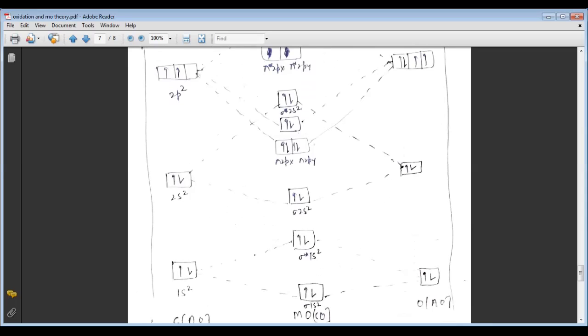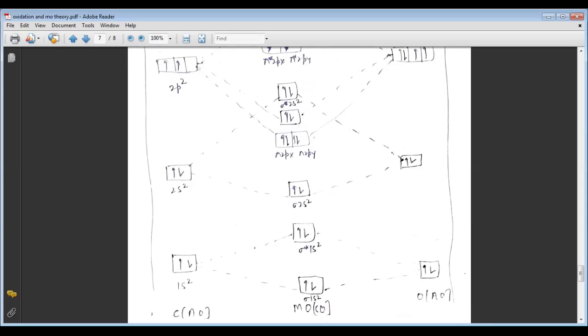So here we can arrange sigma 1s2, sigma star 1s2, sigma 2s2. Then where is sigma star 2s2? As we know, the energy of sigma star 2s2 is higher than the pi 2px and pi 2py, and due to the sp mixing we know that the energy of sigma 2pz is higher than the pi 2px or pi 2py.